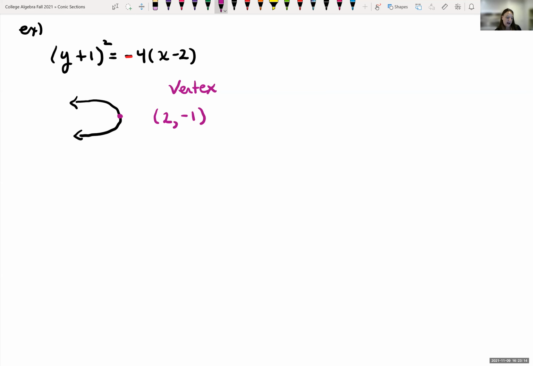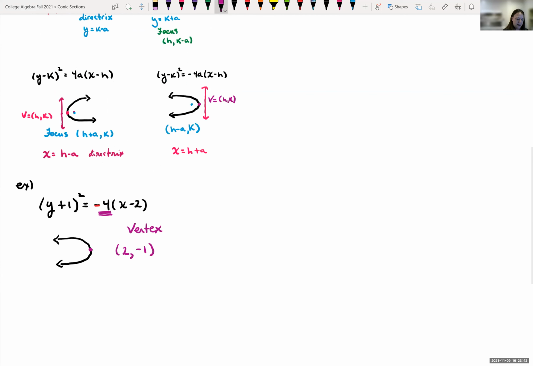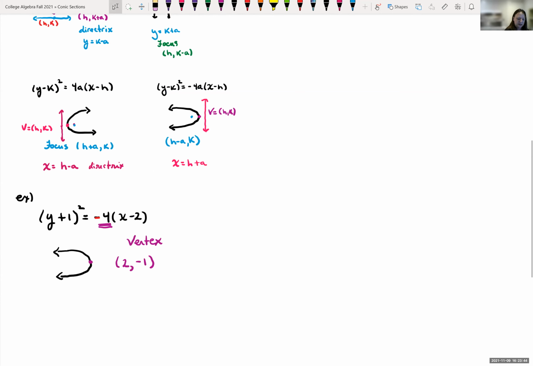I need to look at my directrix, and I need to figure out what my value of A is. We talked about A always being positive, and this is always in the form of either -4A or 4A. We look back up at these, and so I know that -4A is equal to -4.